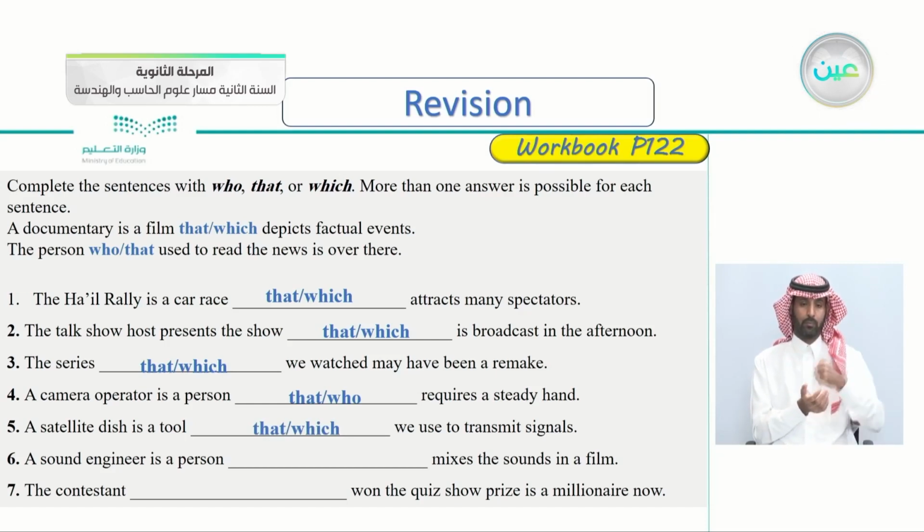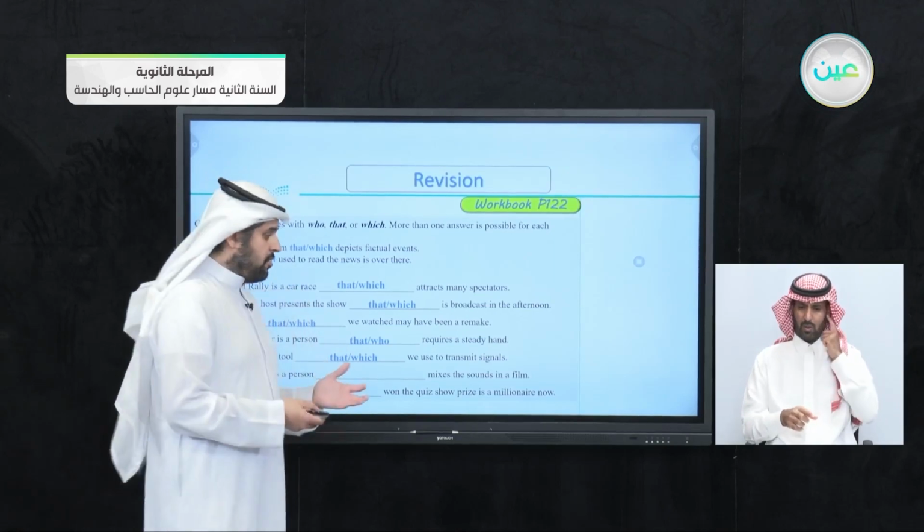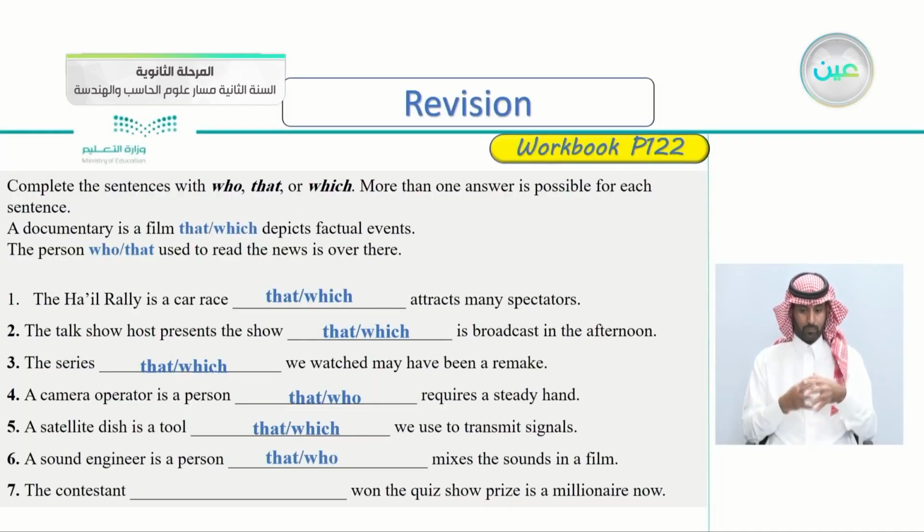Number 6, a sound engineer is a person mixes the sounds in a film. Once he said a person here, you immediately know the answer. So yes, that or who. Notice that that comes with each answer because that can take a person and can take an object.